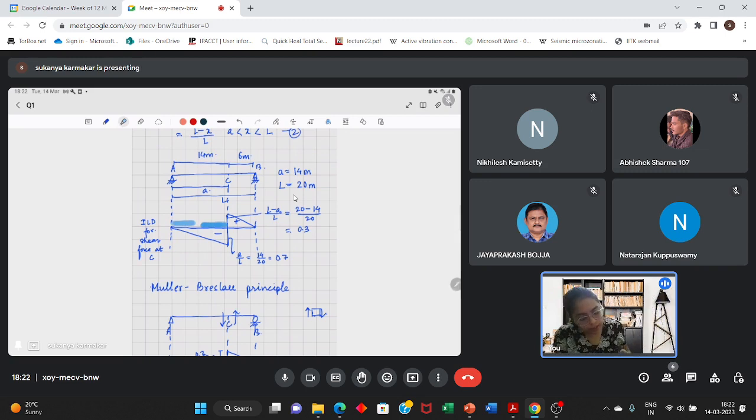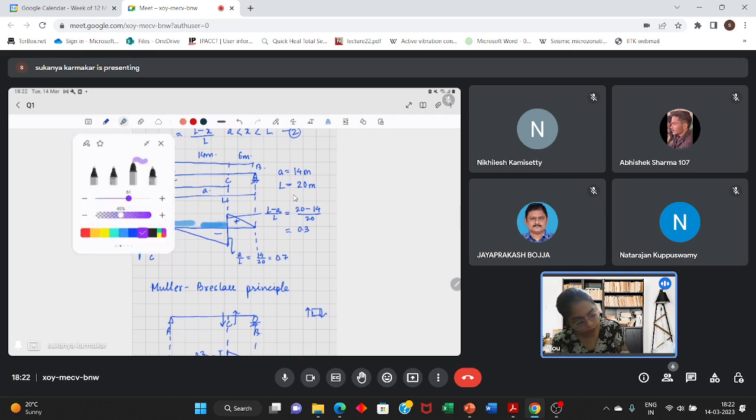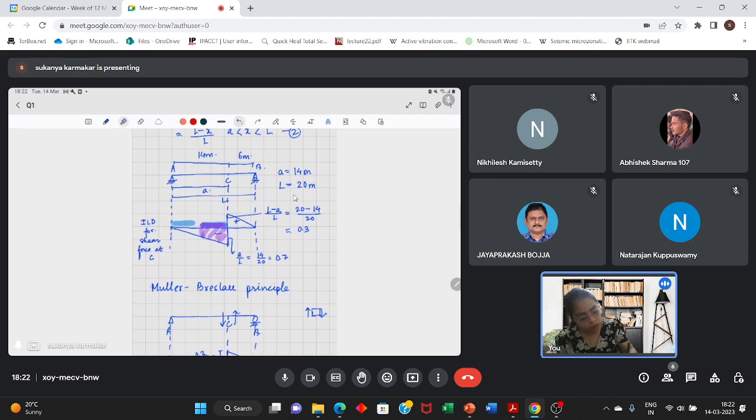Here, since the length is 14 meter, if you start from the left hand side, then the area under the influence line diagram will be less. But if the load is in, suppose, this portion, this area will be higher. Or either it can lie here. So we'll have to consider two cases.